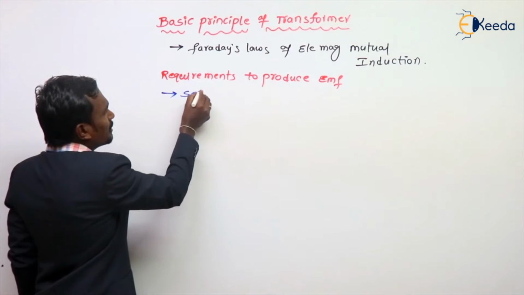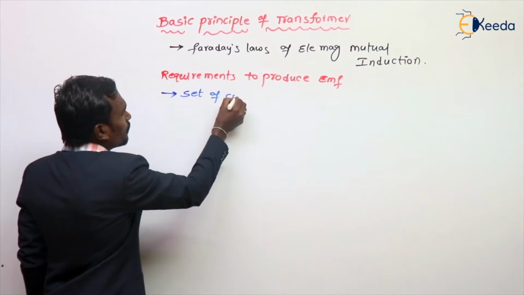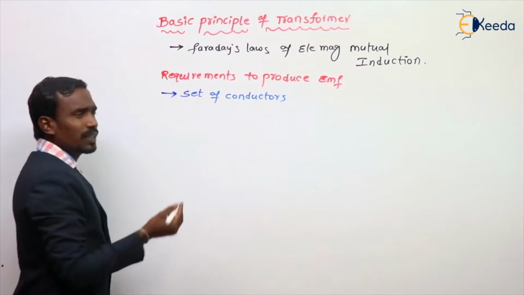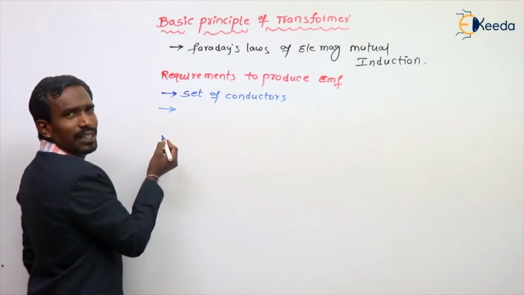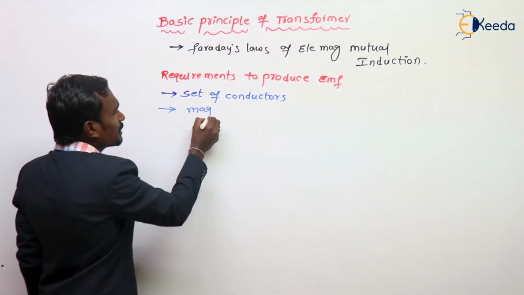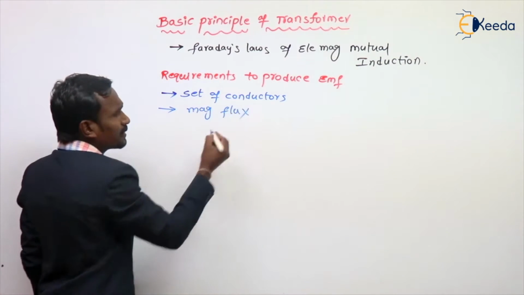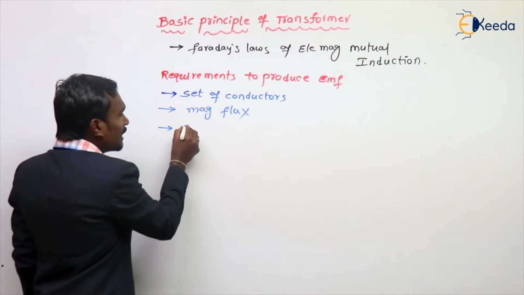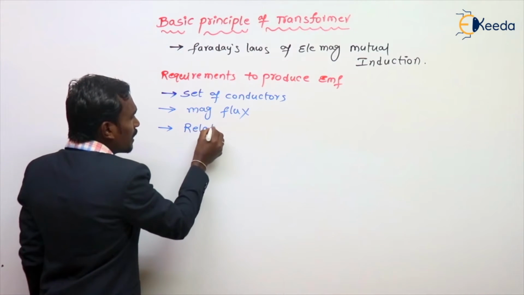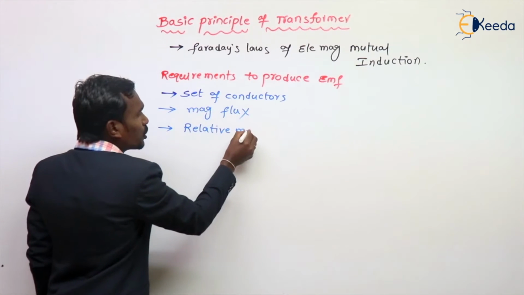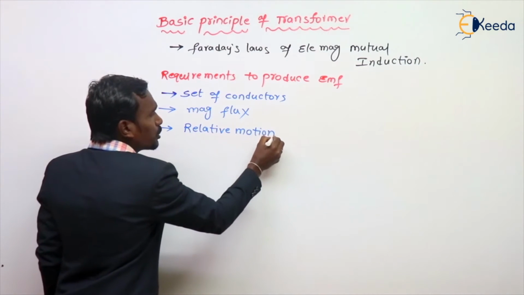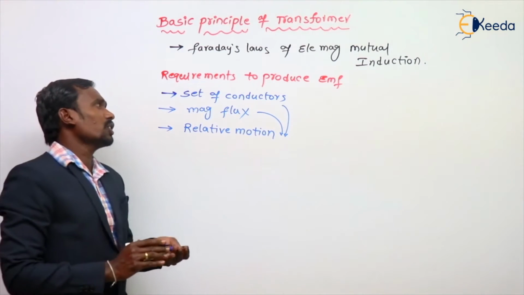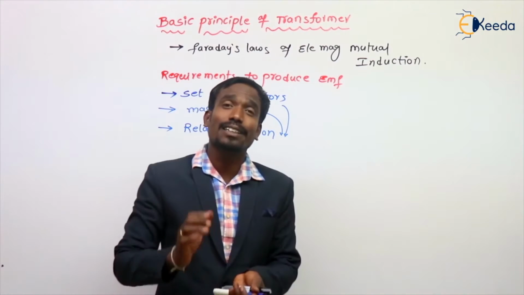One is a set of conductors. The next one is the magnetic flux. And the next one is the relative motion between the conductors and the flux.